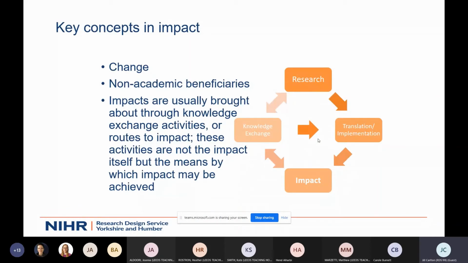So for some people, that so what is actually that there is change, that somebody then implements something, and some things are a bit harder to measure. And sometimes we can't measure impact until further down the line, and that is recognised, but it is important for us to think about this in developing our research ideas, because as I mentioned, it is an important factor for reviewers.